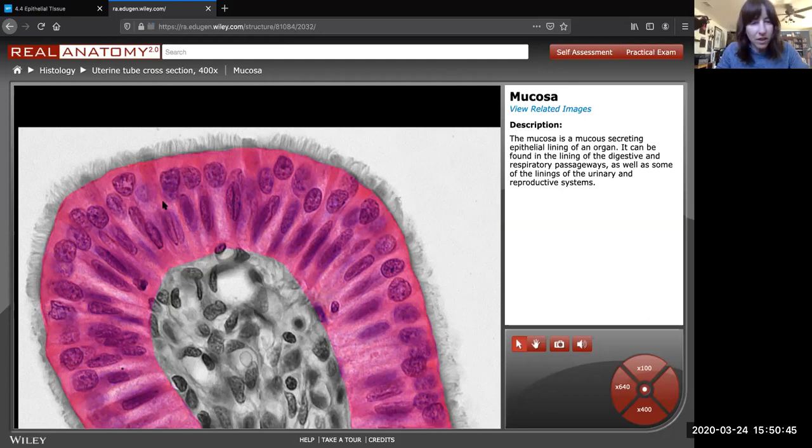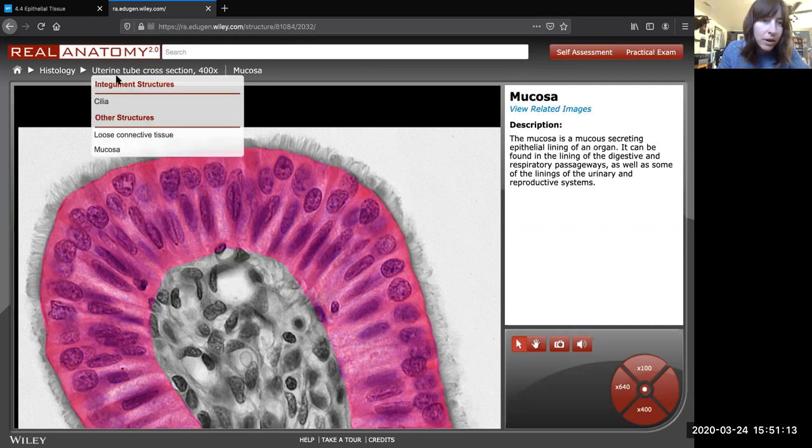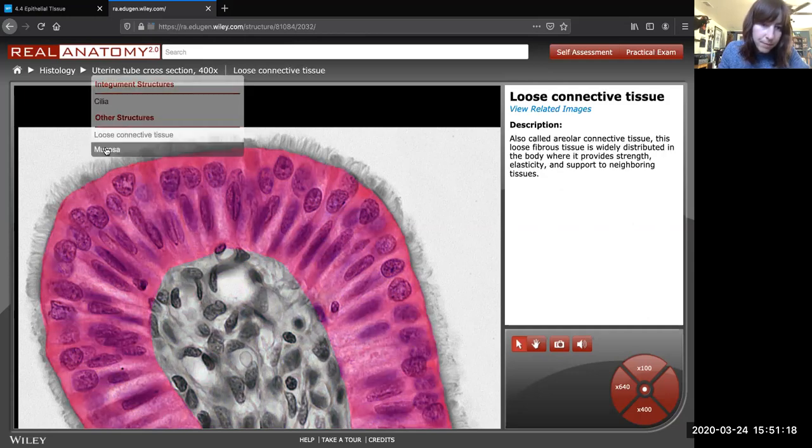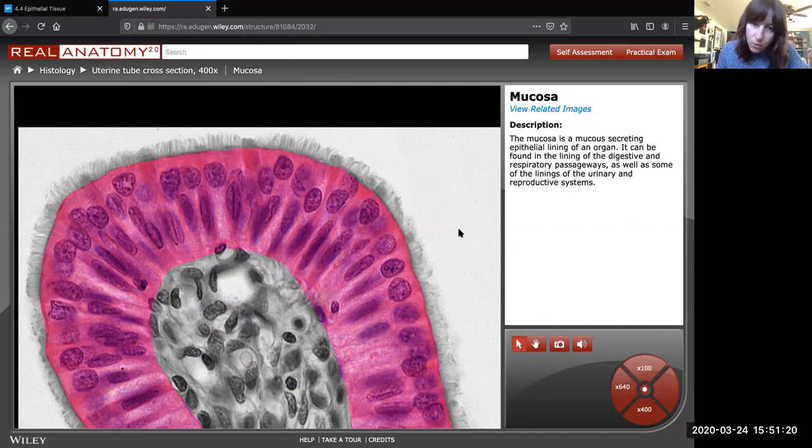Like this looks like stratified columnar to me. In your book, it's amazing. The lining of the pharynx looks very, very similar to this, which is supposed to be the lining of the uterine tube, right?